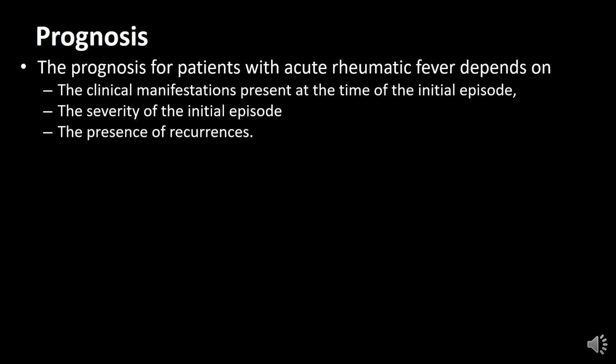It also depends on the severity of the initial episode and on the presence of recurrences. Three things determine the outcome or the end prognosis of rheumatic fever: the initial presentation, the severity at the time of the initial presentation, and whether or not there are recurrences. Because with every recurrence, especially if they had carditis, they may have additional damage to the valves and the endocardium.